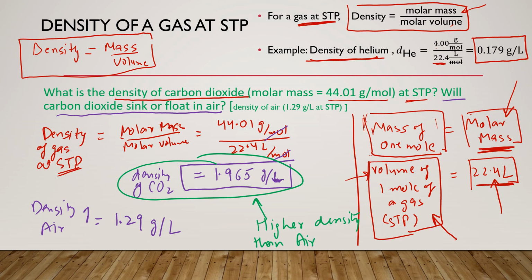Therefore, carbon dioxide will sink. So any substance which has higher density will sink than the substance which is at lower density. So lower density things will stay up and higher density things will go down. So CO2, because its density is greater than the density of air, will sink in air.